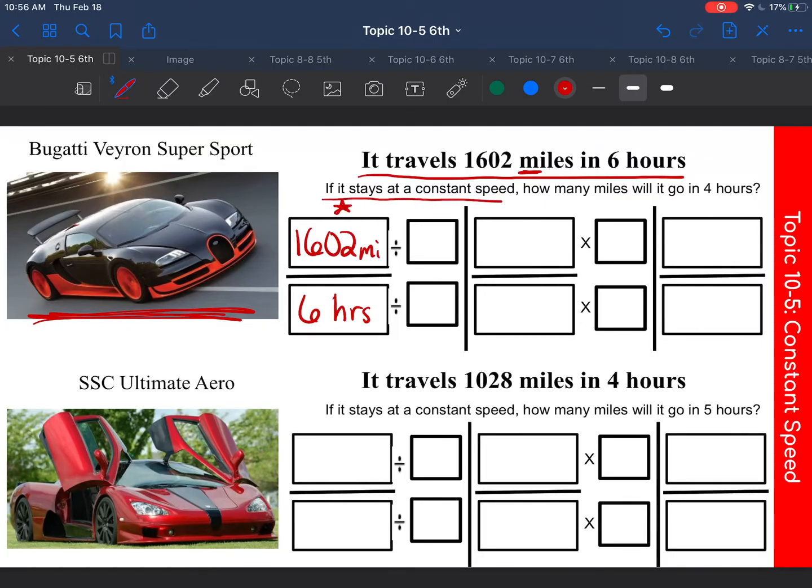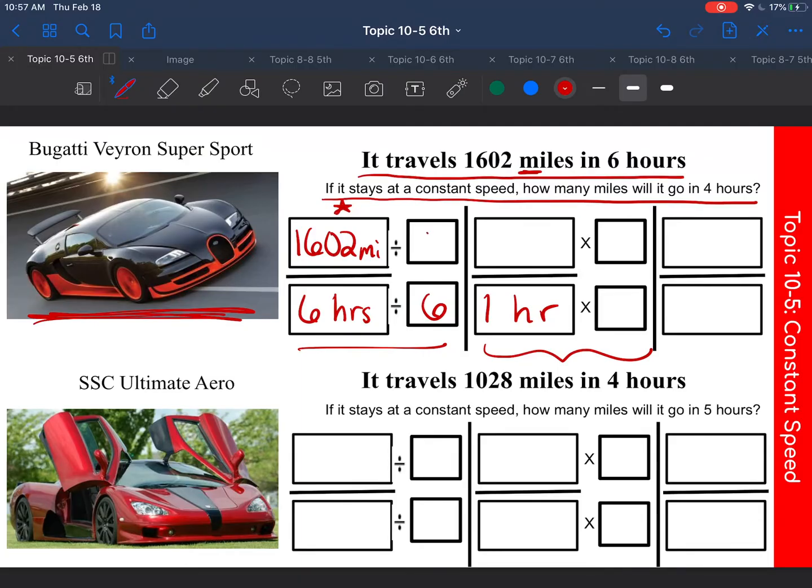And then it says if it stays at a constant speed, meaning it doesn't change speeds, how many miles will it go in 4 hours? First from this rate, we're going to find the unit rate, meaning we want to find how far the car goes in 1 hour. Find miles per hour. So 1 hour, that means we divide by 6.